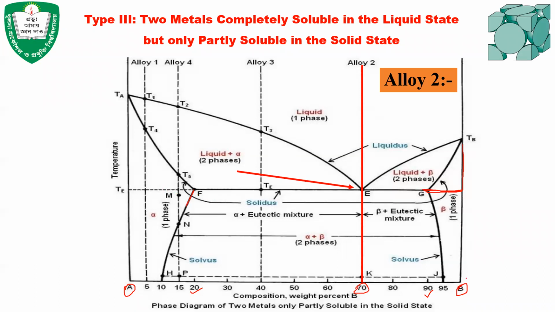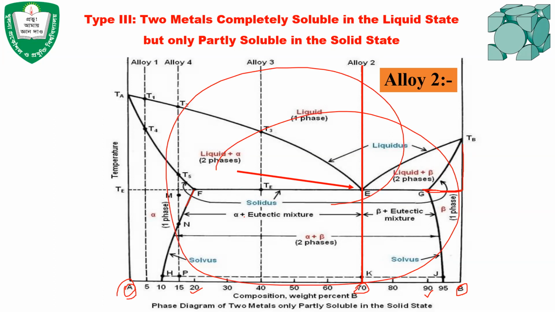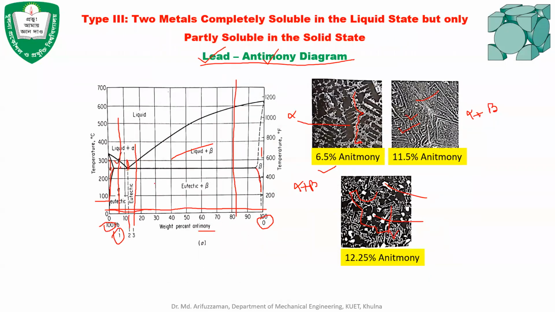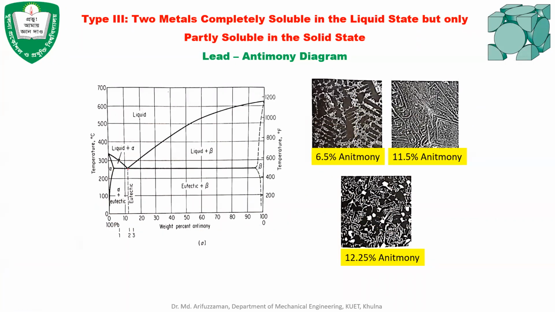That means material B can be soluble in metal A, but metal A cannot be soluble in metal B. It might happen. This is an idealized diagram, so there might be different variations, as we have seen in the case of antimony and lead. If you look at the diagram of antimony and lead, in this diagram we see that the eutectic point is at 11.5%.